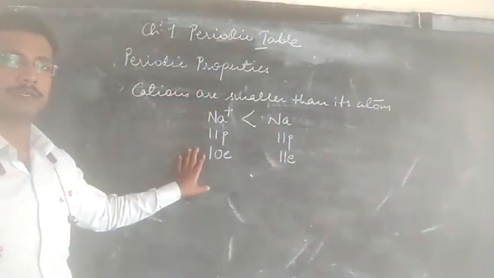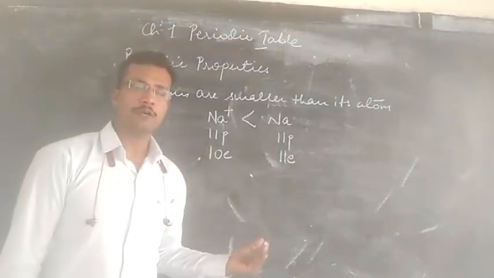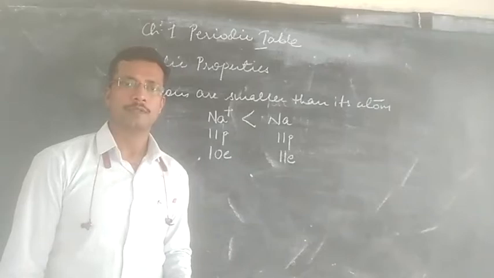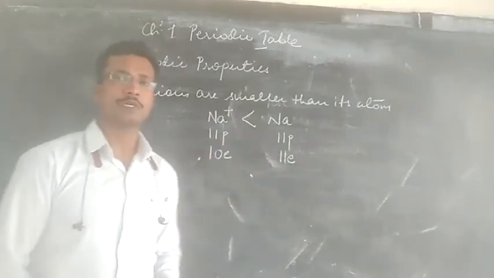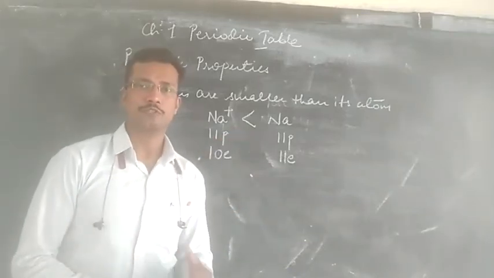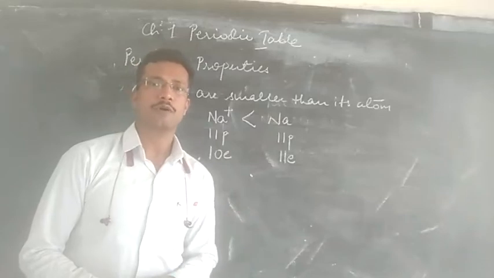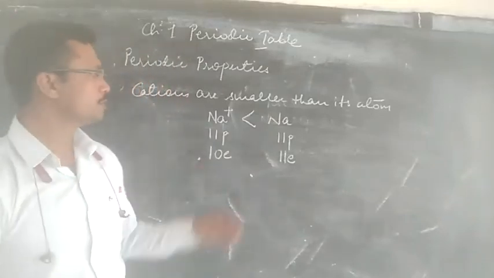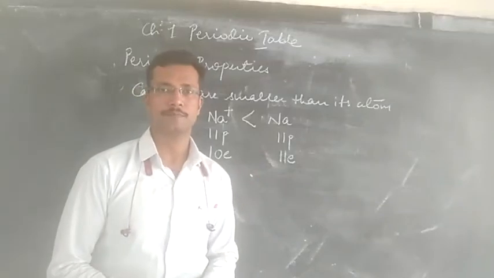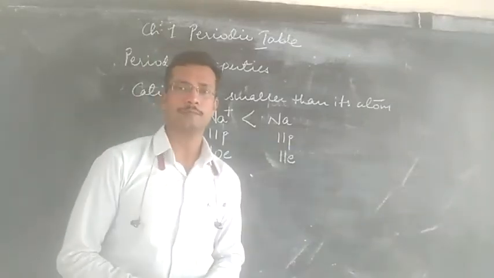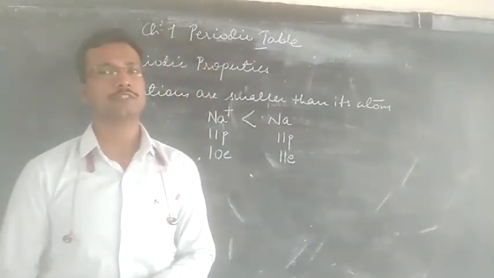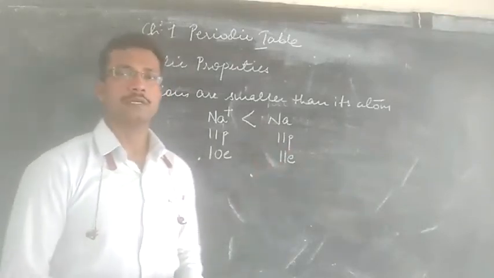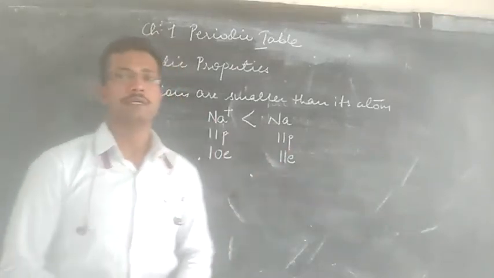In this case, the 10 electrons, fewer than the number of protons, can easily be pulled towards the nucleus, so there will be a strong nuclear force of attraction, which will decrease the atomic size. But in the case of the sodium atom, the force of attraction is not so strong. As a result, the atomic size is more compared to the sodium ion.